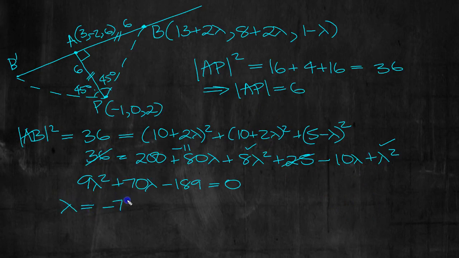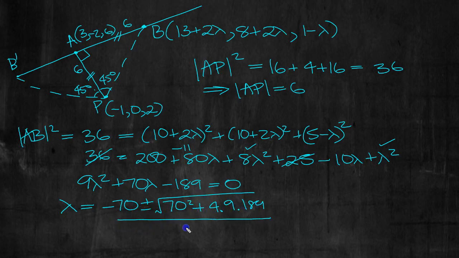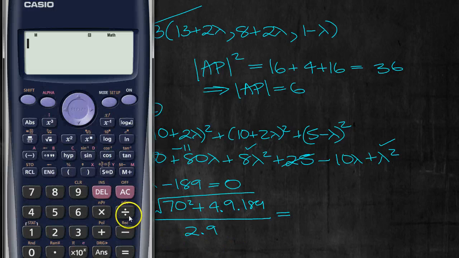Minus b plus or minus the square root of b squared minus 4 times a times c, over 2a. Okay. So it was minus 70 plus or minus this, wasn't it?